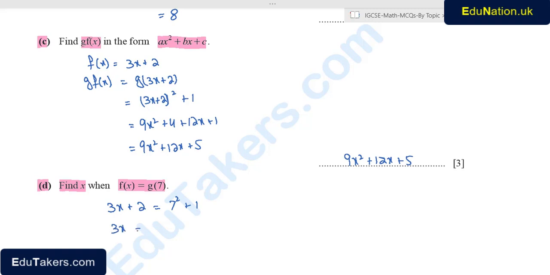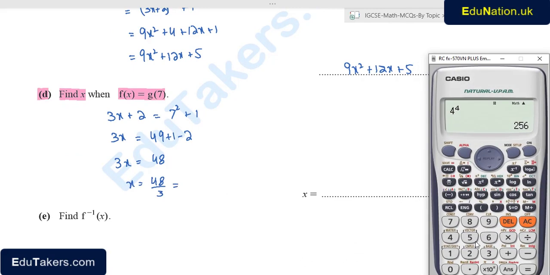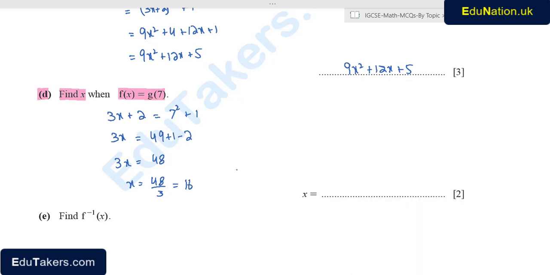Now 3x is equal to 7 square is 49 plus 1 minus 2, which is 48, and from this x is equal to 48 over 3. 48 over 3 is 16. The value of x is 16.